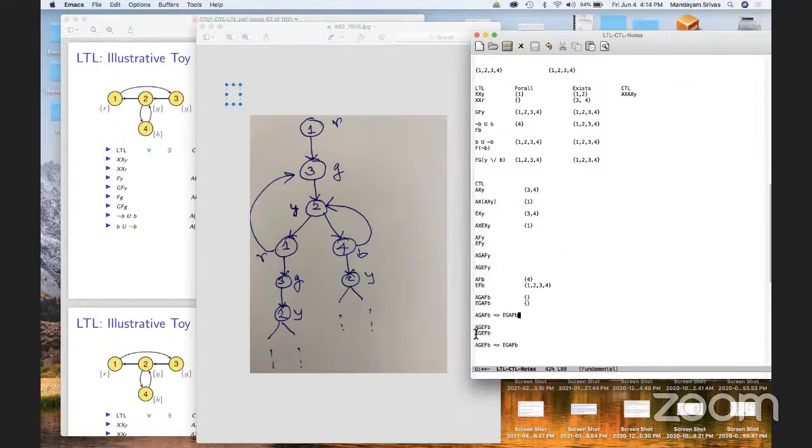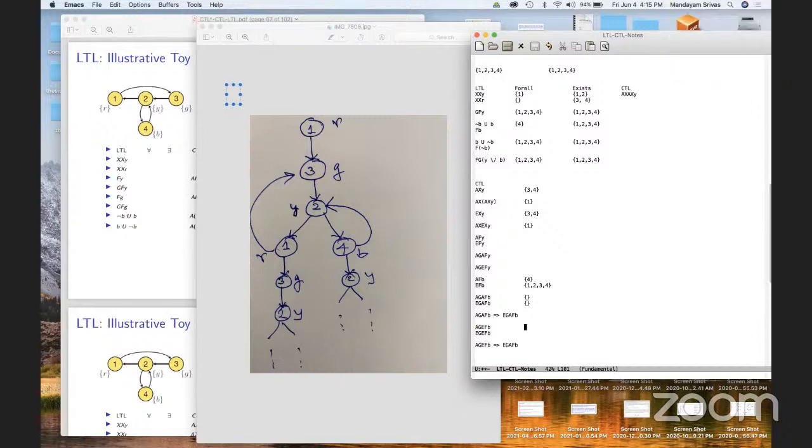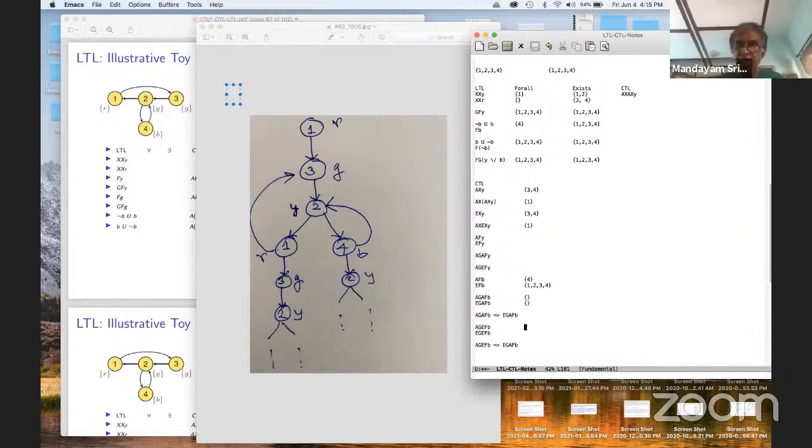But what I wanted you to do was this one, AG of EF of B. Now that you identified EF of B, what is AG of EF of B? Because EF of B has all the nodes, AG of EF of B also will be all the nodes.